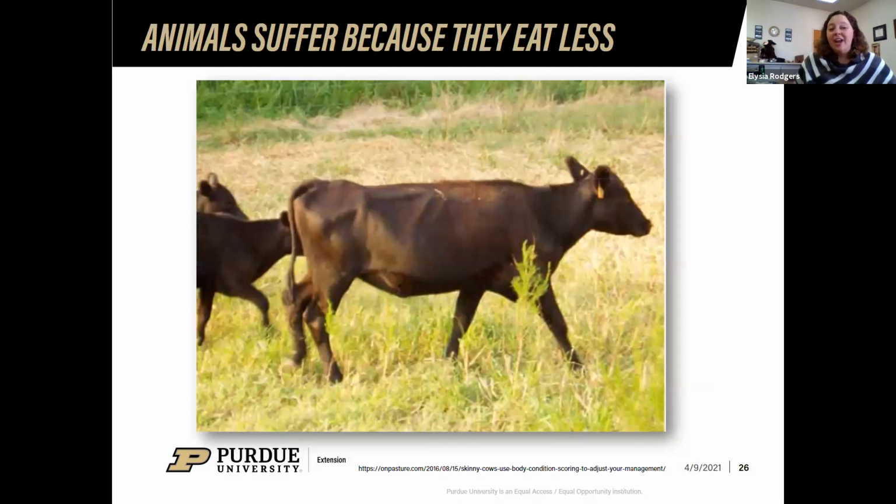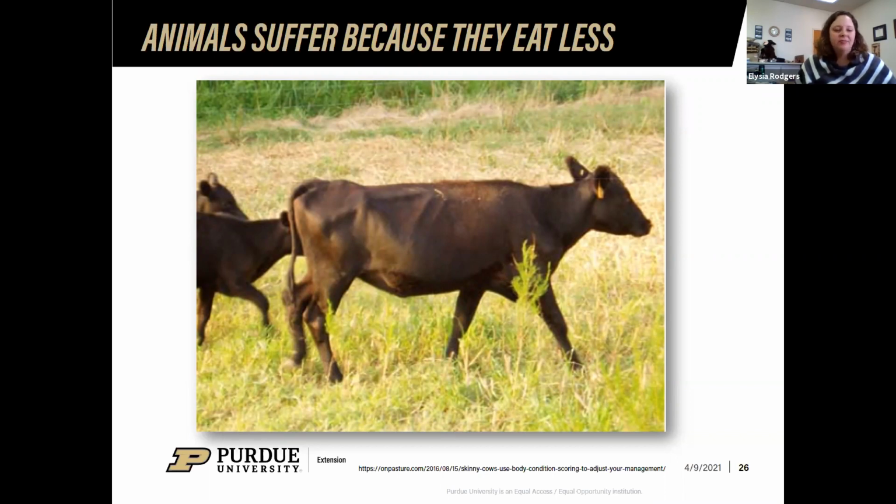And then, like Miranda said, our animals suffer because they eat less. It's harder for them to find the nutrition that they need. They have to travel more, so they're using more energy to get what nutrition they can. It's just harder on the animals and harder on the land.